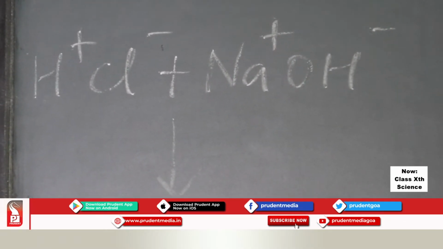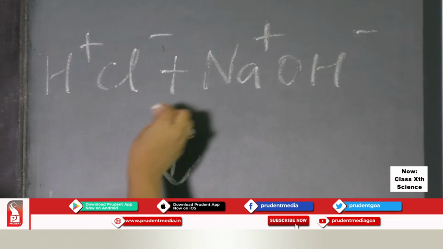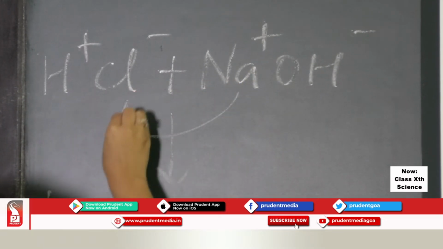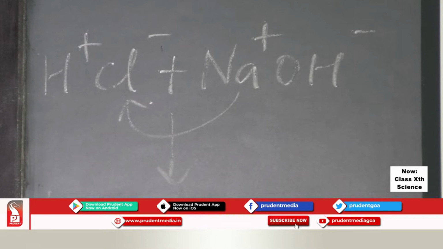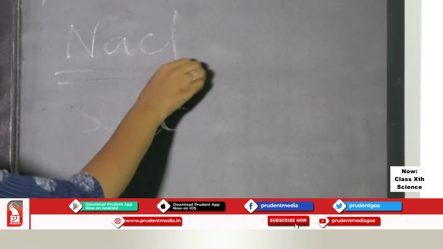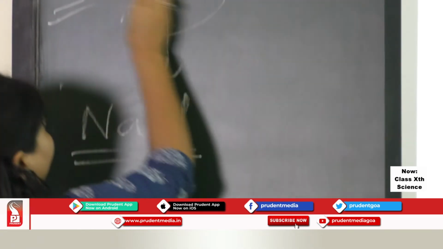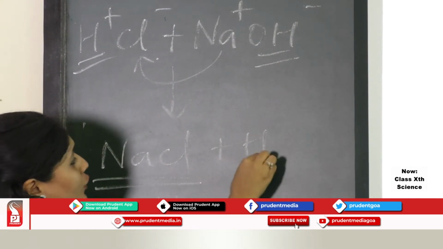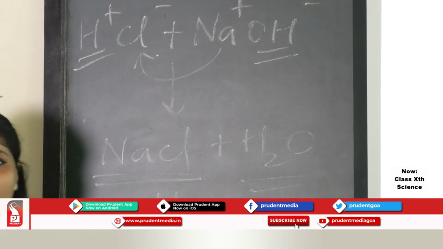Now when you mix them together, what is happening? Sodium ion will get exchanged with Cl minus ion, resulting in the formation of your salt, NaCl. And what remains? H plus and OH minus ions, which combine to give you water.